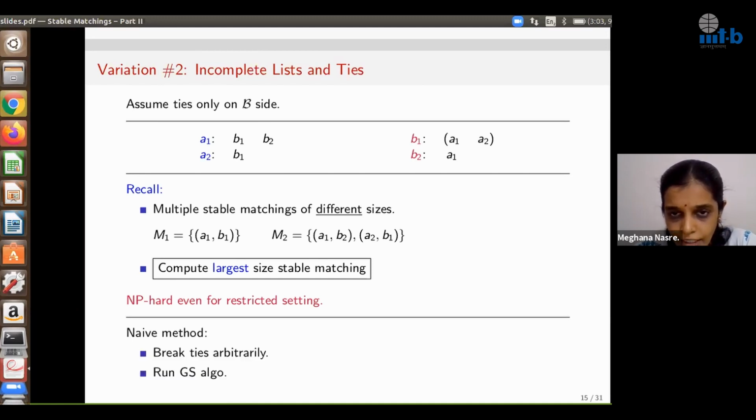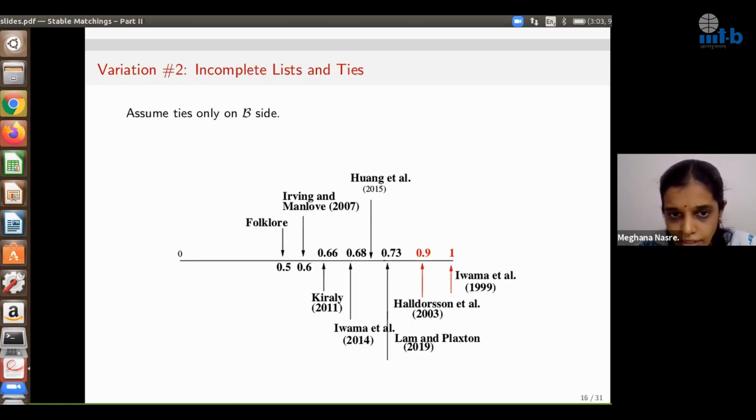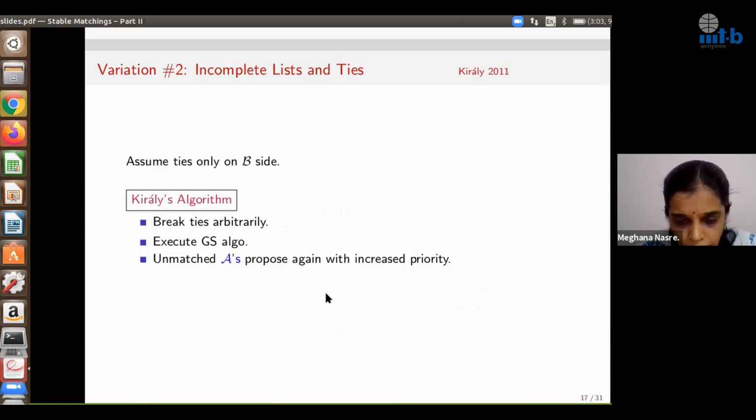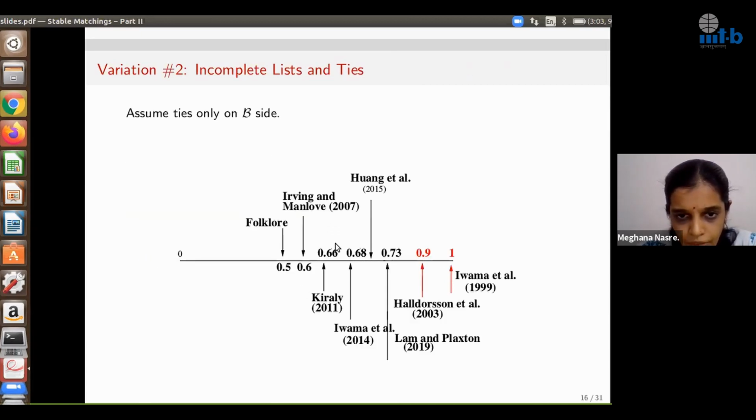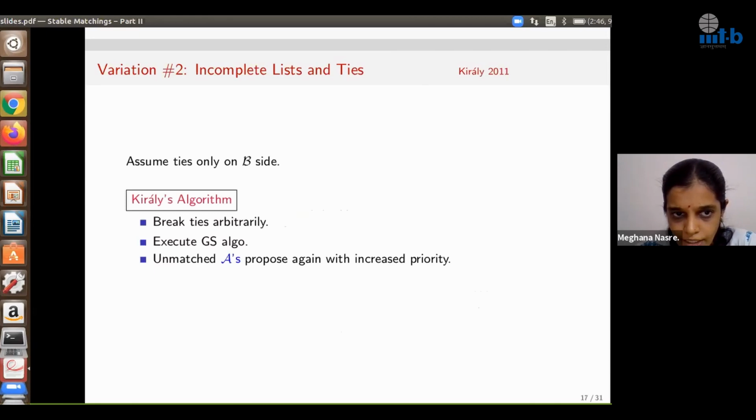So we also saw the state of affairs for this problem, and we said that we are going to focus on this variant. So the Kiraya's algorithm, which gives us a 0.66 approximation to the maximum size stable matching, we also set up in yesterday's class.